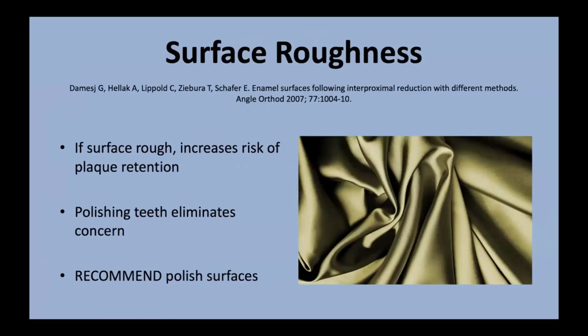Rough surfaces are more susceptible to plaque buildup. They did SEM studies and really analyzed at the microscopic level what the surface was like. And they found that sometimes teeth after IPR were actually smoother than without it. And that polishing the teeth with the thinnest or smoothest of strip is actually very helpful.